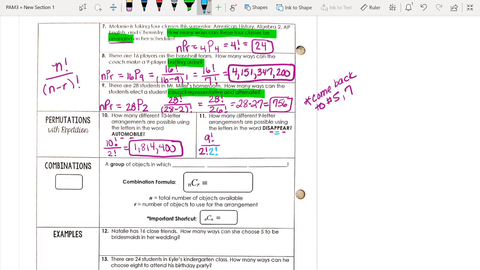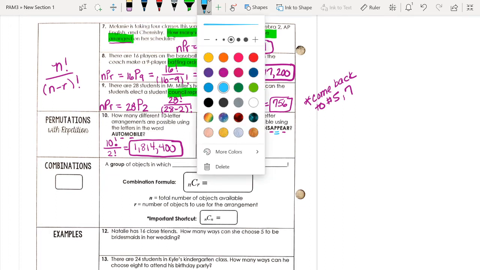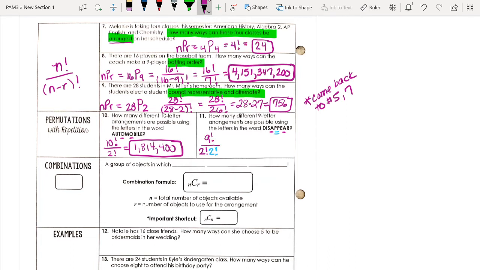Go ahead and use your calculator to find out how much 9 factorial divided by 2 factorial divided by 2 factorial is. Let me write the answer so you can make sure you're putting this in your calculator correctly. You should end up with 90,720.